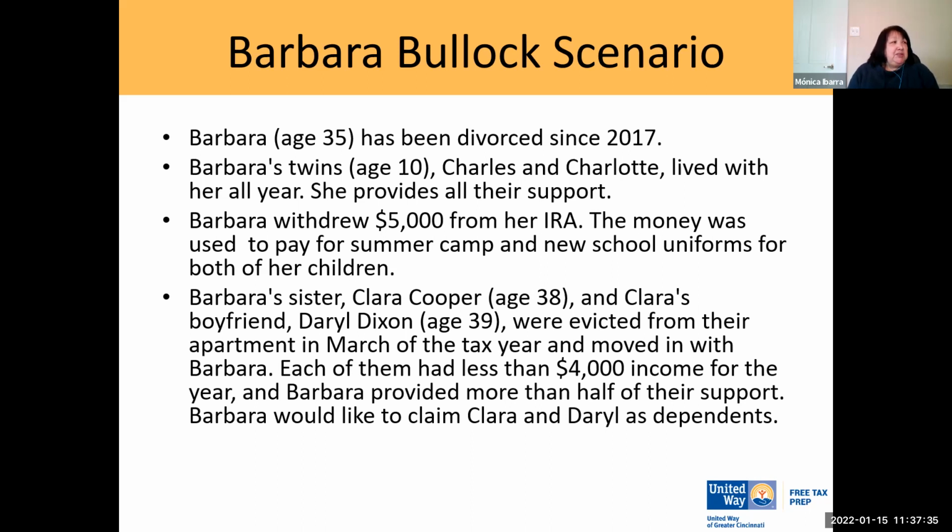The money was used to pay for summer camp and new school uniforms for both of her children. She has a sister, 38, and her sister's boyfriend, who were evicted, and they live with Barbara now. Each had less than $4,000 in income, and Barbara provided more than half the support. Barbara would like to claim Clara and Daryl as dependents.